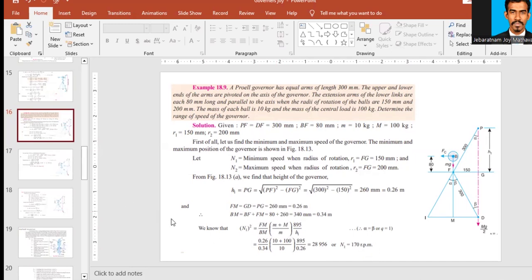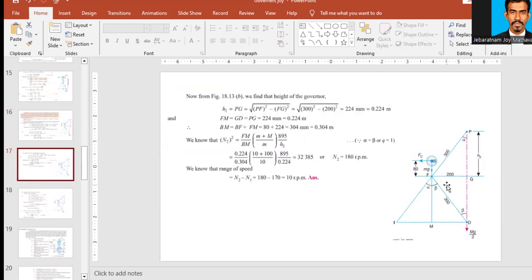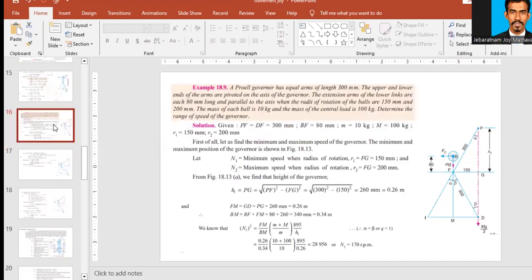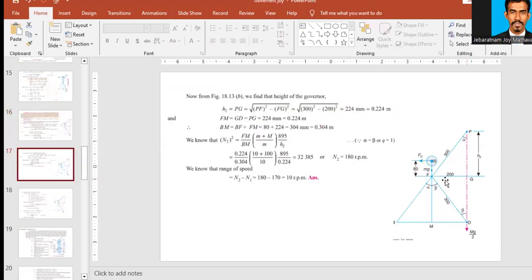Similarly, we can apply this equation to find N2, that is the maximum speed. For maximum speed, this length will change to 200. Why? According to the question, at minimum speed it is 150 millimeter and at maximum it is 200 millimeter. So we can find PG again.